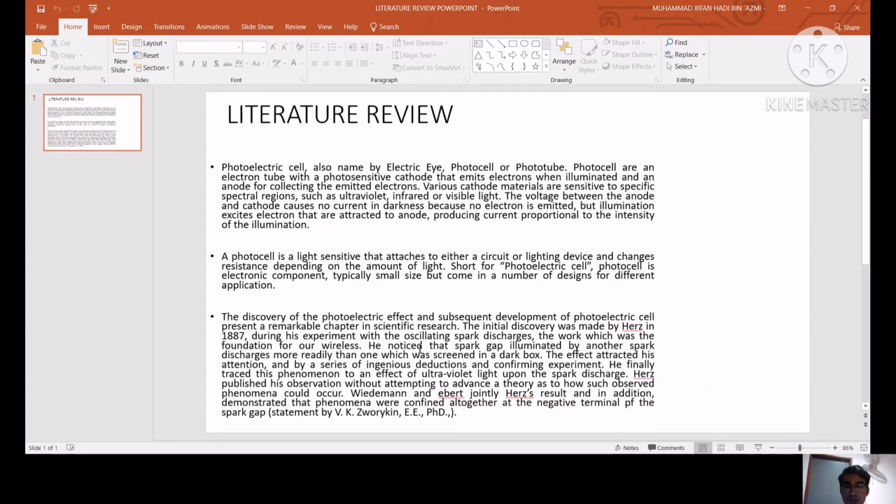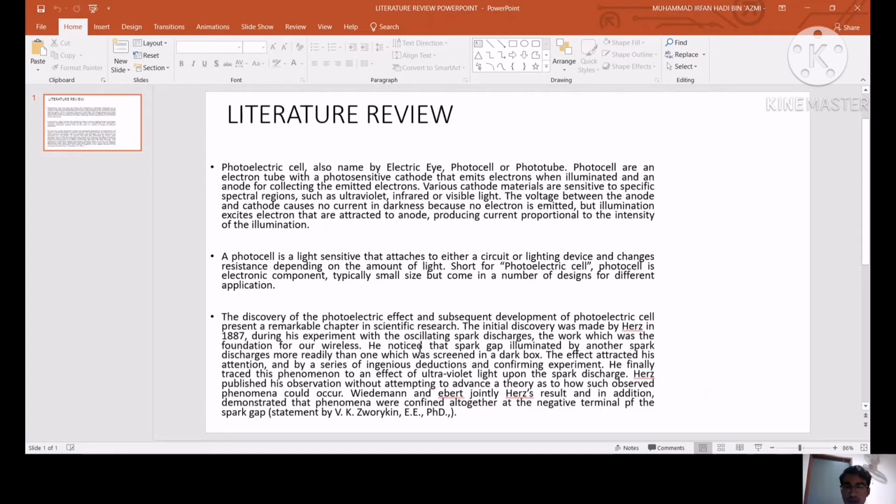The initial discovery was made by Hertz in 1887 during his experiment with the oscillating spark discharge, the work which was the foundation for our wireless. He noticed that a spark gets illuminated by another spark discharge more readily than one which was screened in a dark box.